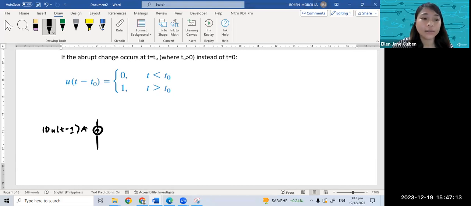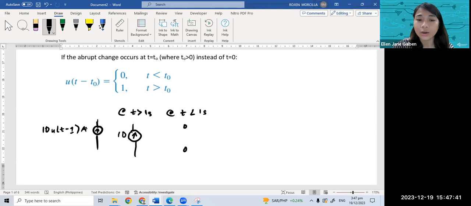Okay, 10 u of t minus 1 amps, at t greater than 1 second. What does our supply look like? It looks like this. We have 10. At t less than 1 second, we will get an open because it's a current source.